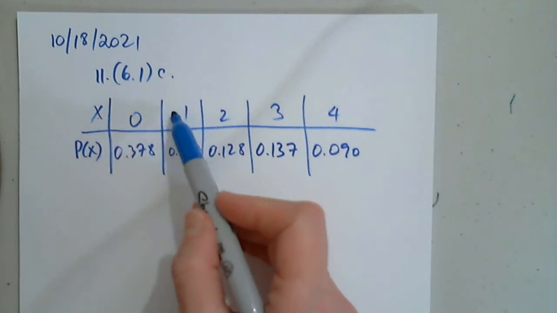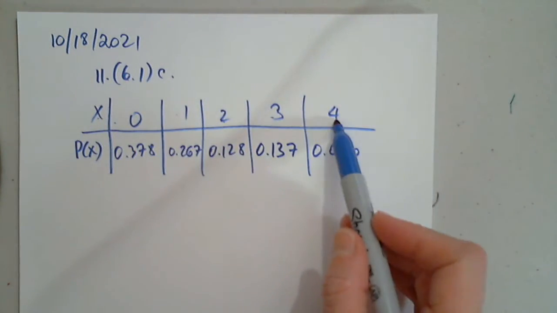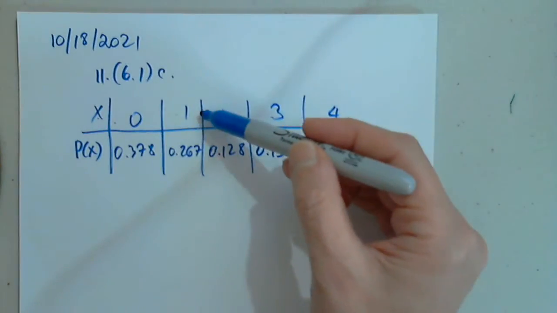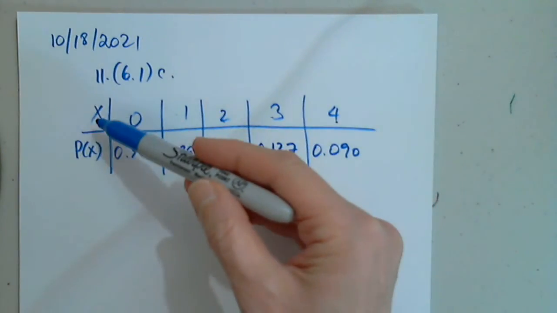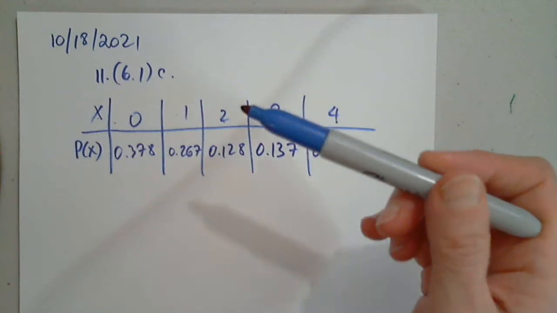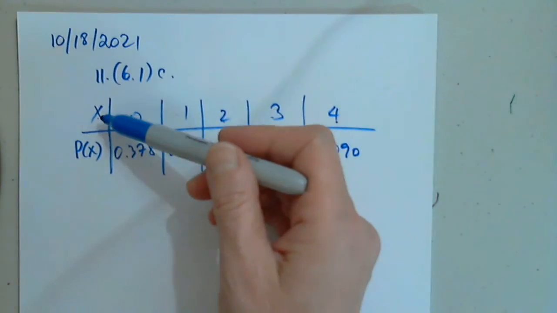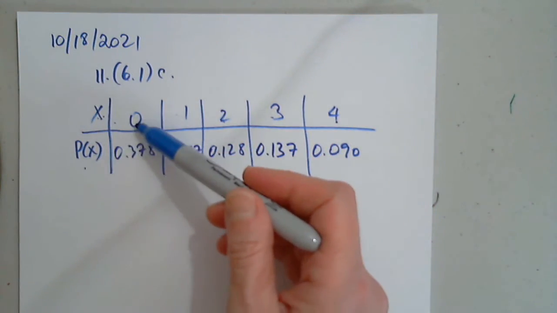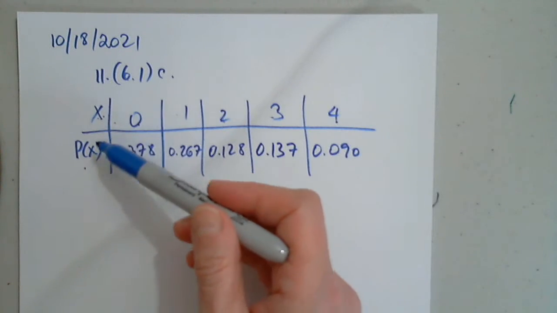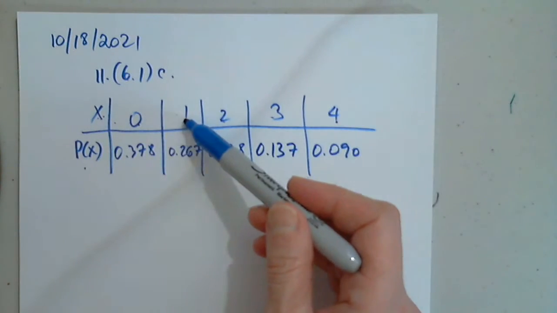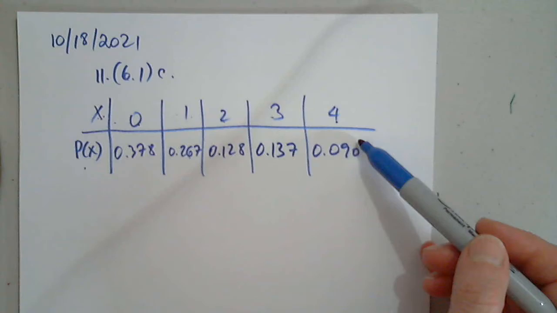X could be 0 or 1 or 2 or 3 or 4. That's it. Every possibility of the random variable has a probability attached to it. So the probability for 0 is this, for X to be 1 is this, and so on and so forth.